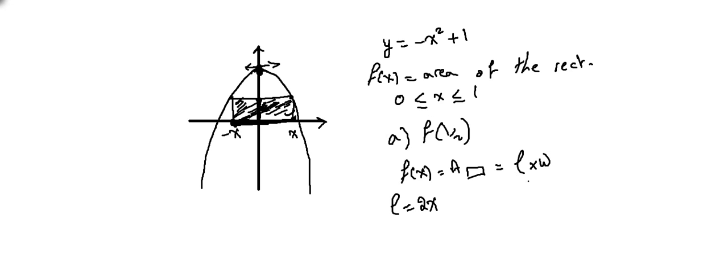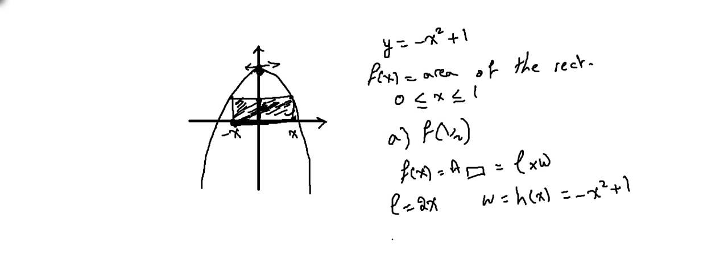So the height of the rectangle will be the height of this parabola from 0 to this point. So it represents minus x squared plus 1, which is the equation of this parabola.